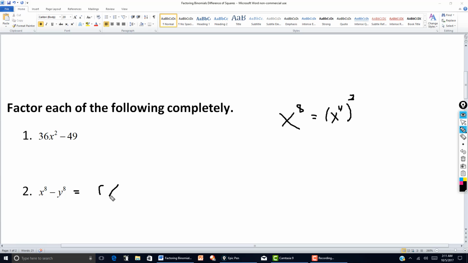So I have a difference of squares, so this should factor into the difference and the sum of the square roots. The square root of x to the 8th is x to the 4th. Similarly, the square root of y to the 8th is y to the 4th. And then the other factor will be the sum of the square roots.